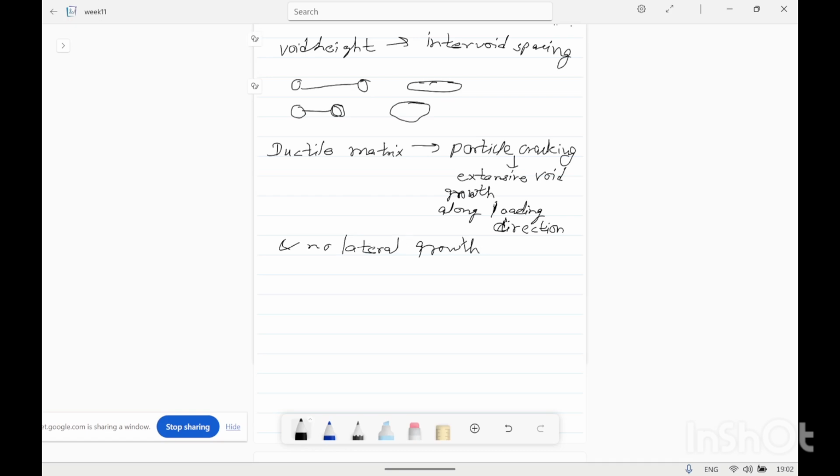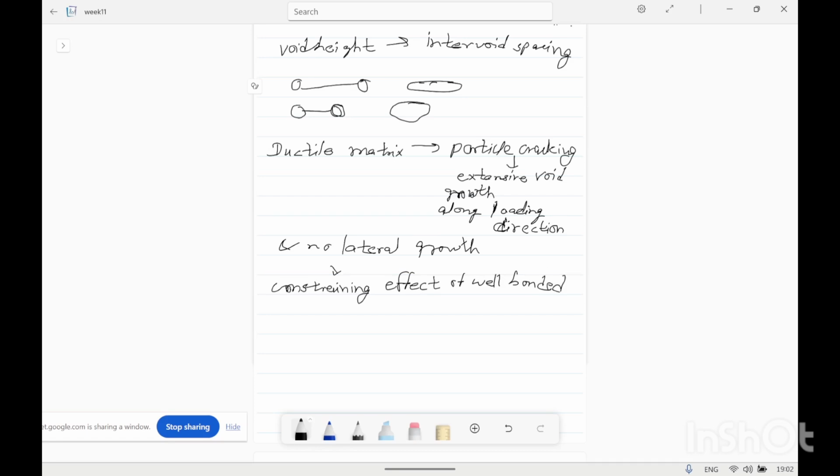This leads to the constraining effect of well bonded particles.